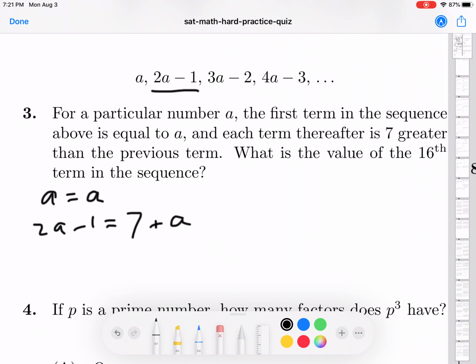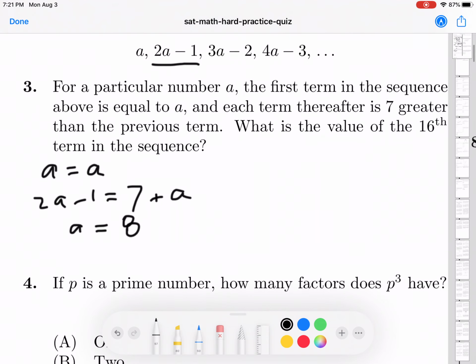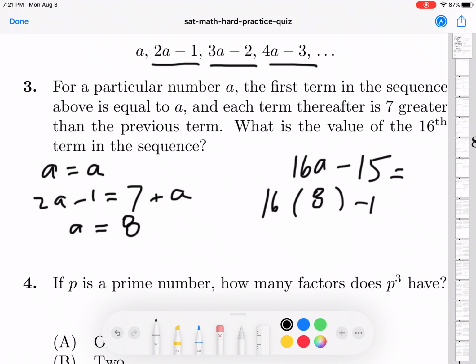So just solving for a, we have then the 16th term on this pattern is going to be 16a minus 15, like we see above. And we just plug in 8 for a that we already solved for. We got 128 minus 15, and that's 113.